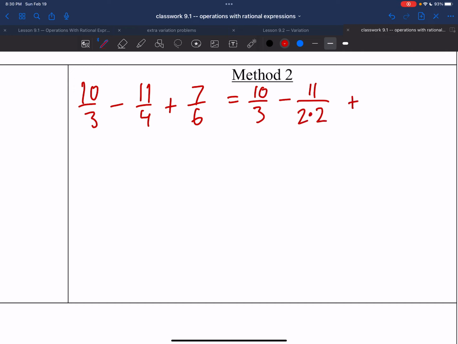And then 6, its prime factorization is 2 times 3. So now I ask myself, what is the least common denominator, LCD? Well, to identify the least common denominator, you just want every factor necessary, yeah?